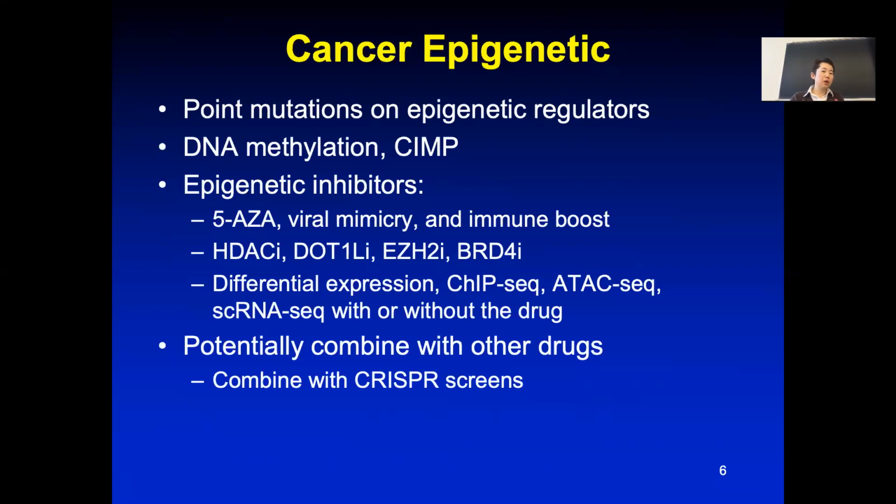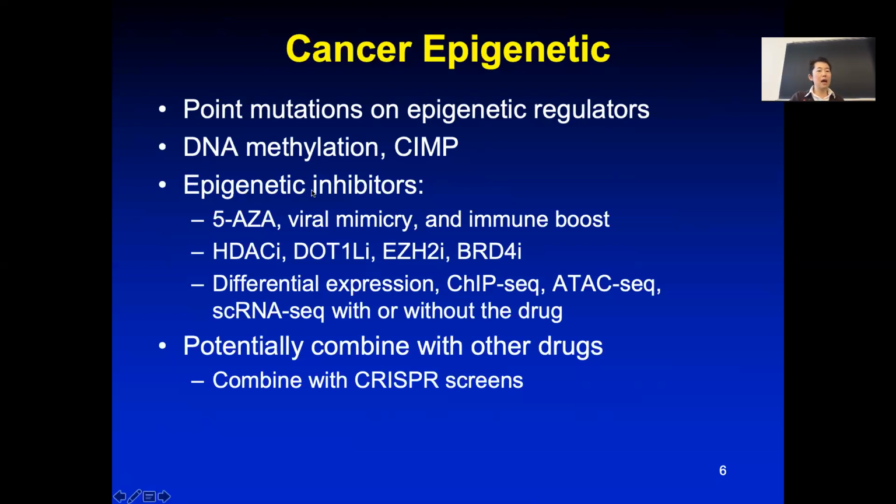But when people did sequencing experiments to look at point mutations, the big surprise they found is epigenetic regulators. It was estimated that 1/4 to 1/3 of cancers are caused by mutations in epigenetic regulators. And we mentioned one way is this DNA methylation or CIMP phenotype, but there are many other chromatin remodelers and histone modification enzymes that are mutated.